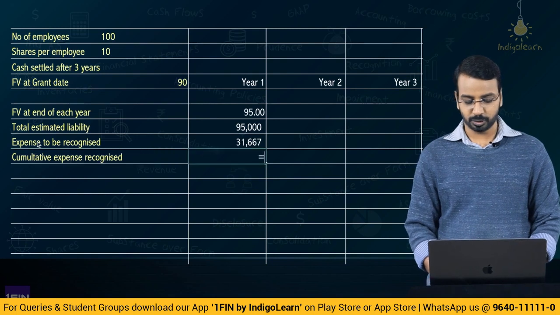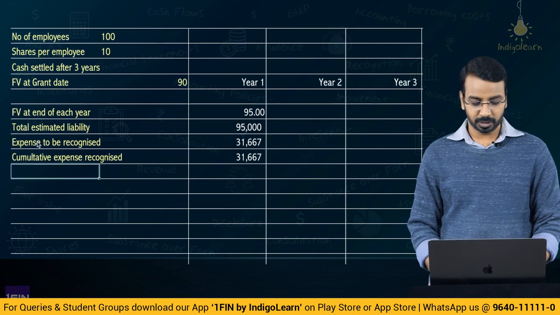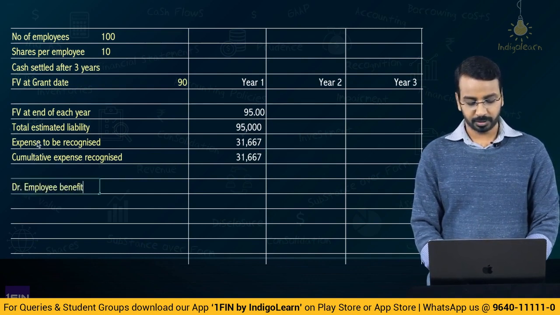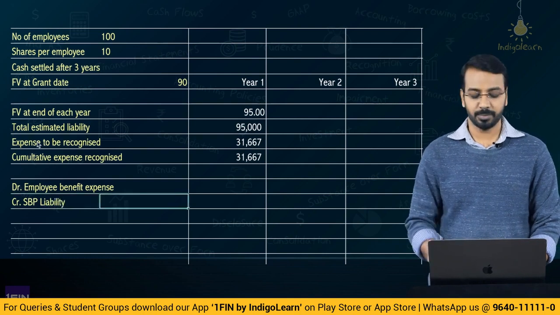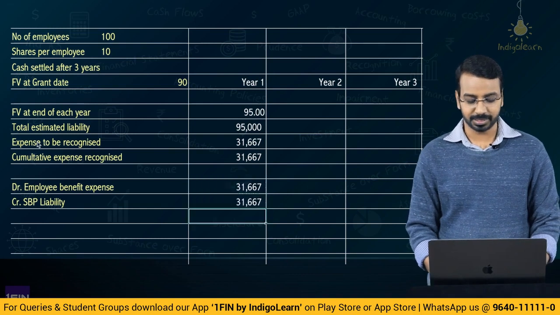Cumulative expense recognized is also 31,667. Okay. Now, what is the entry for this? Debit employee benefit expense, credit share based payment liability, or share based payment payable. So debit 31,667 and credit 31,667.